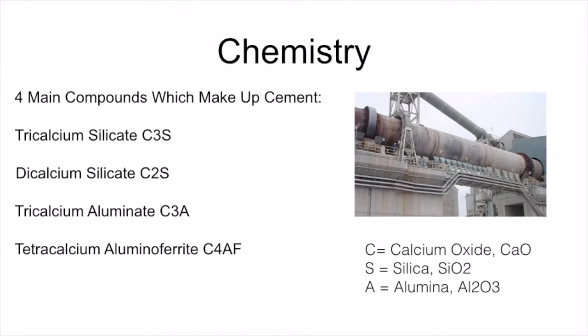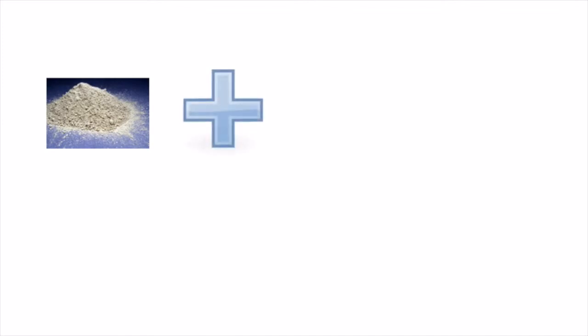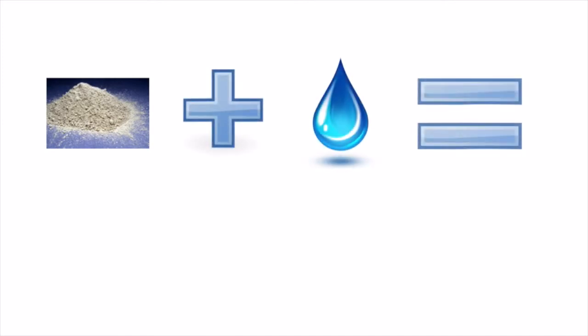These 4 compounds, as well as minor amounts of free lime and other oxides, leave the kiln as clinker. After the clinker has cooled, a small amount of gypsum is added, and the mixture is pulverized and ground to obtain finished Portland cement. When Portland cement is mixed with water, a chemical reaction occurs.